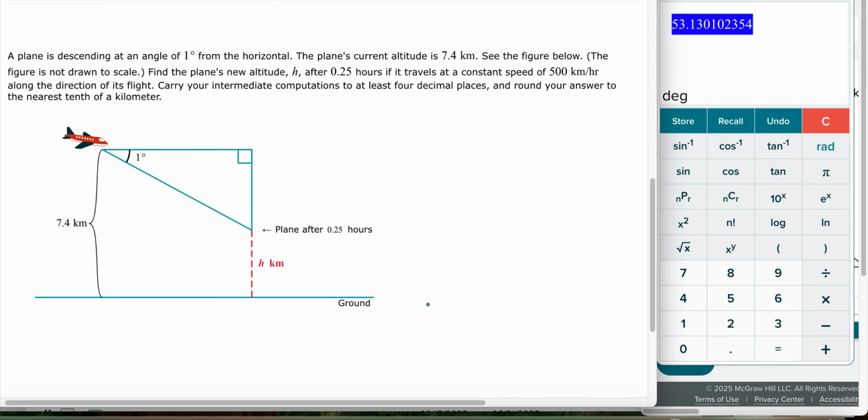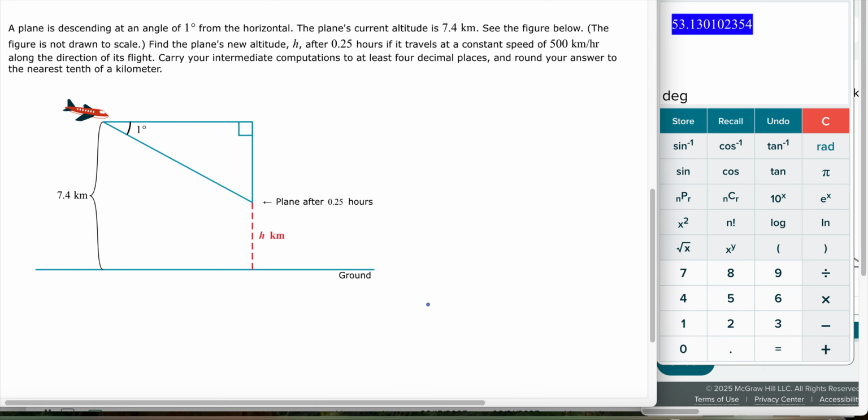So now let's look at something that's just a little bit more involved, but along the same lines. You have a plane descending at an angle of 1 degree from the horizontal, so we can see that's an angle of depression. The plane's current altitude is 7.4 kilometers, indicated right here, and again, this is not drawn to scale.